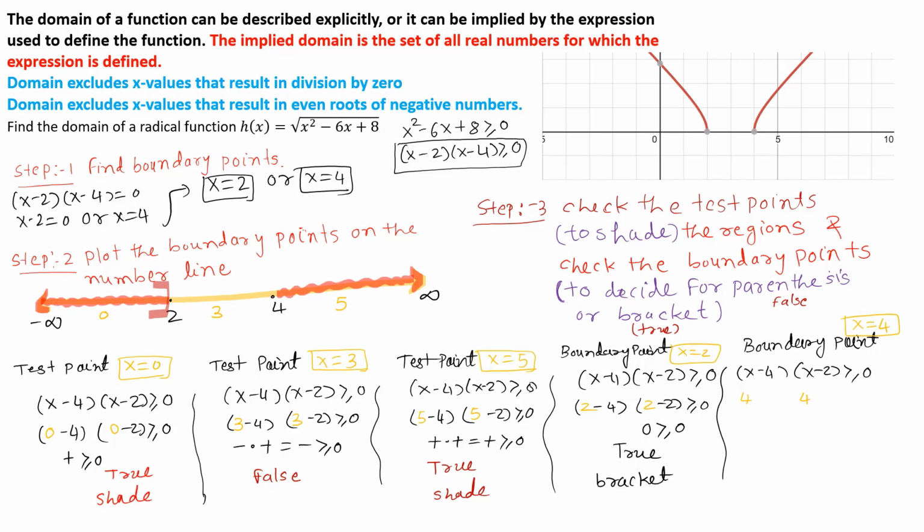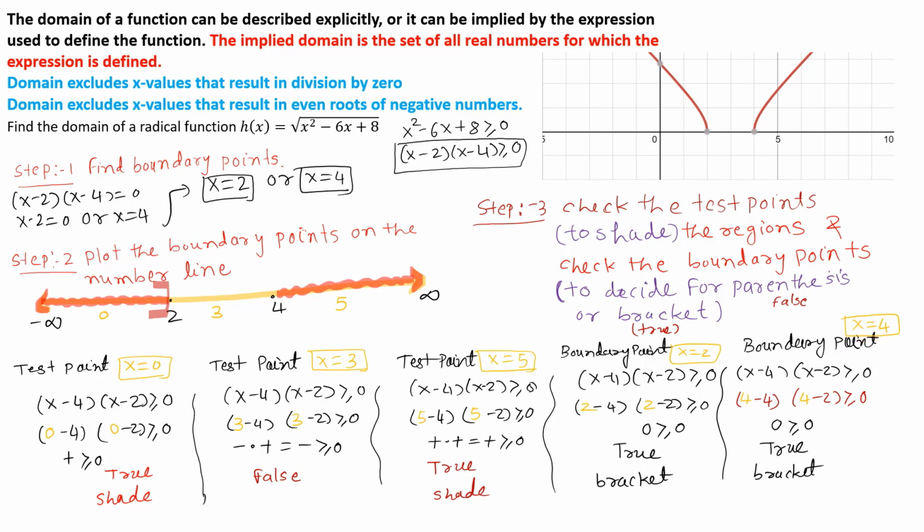4 minus 4 and 4 minus 2 greater or equal 0. When we check, we get 0 times any number. That is just 0, and 0 greater or equal 0. This is true as well. So we are going to have a bracket at that particular boundary point, x equals 4.